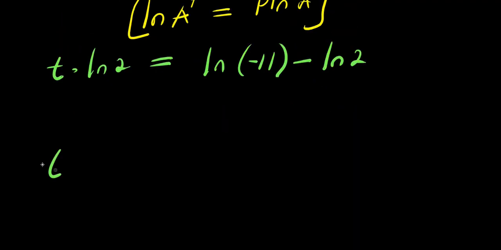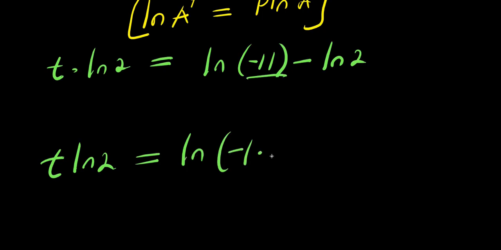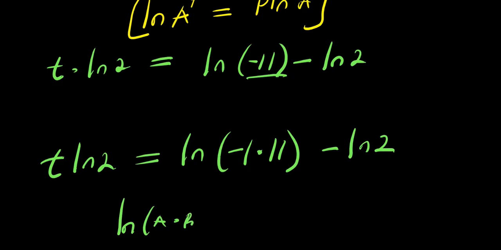So from here, I have t times ln 2 equals ln of -11, which is -1 times 11, minus ln 2. And remember, if you have ln(a times b), it equals ln a plus ln b.